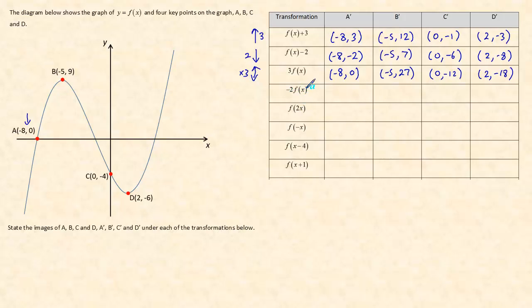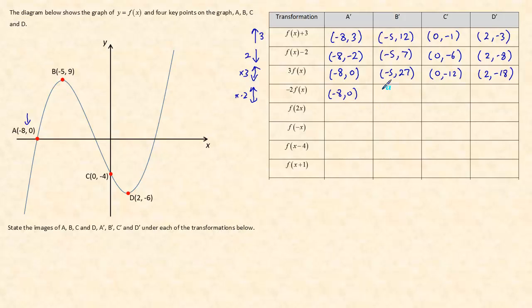Now, once again, this one here with the negative 2 multiplying the function outside, that's a vertical dilation. Scale factor negative 2, which is a reflection with a dilation. But all of the y coordinates, basically, you'll just multiply them by negative 2. So this one will stay the same because negative 2 times 0 is still 0.